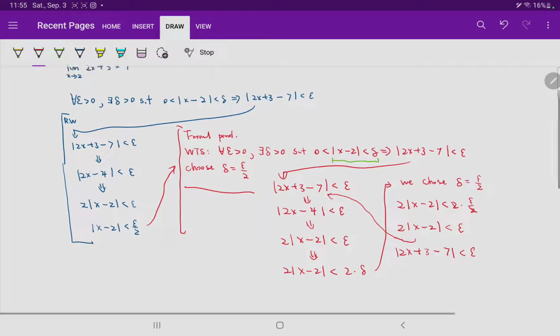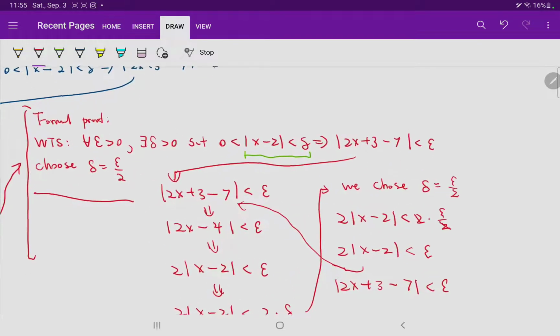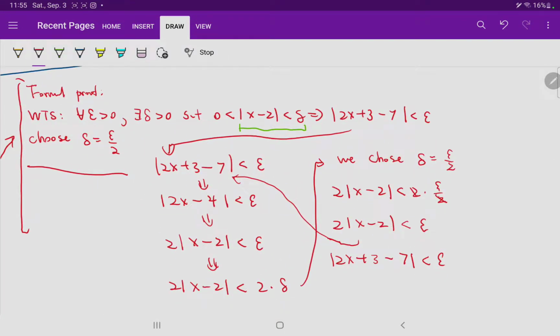So if you look at the analysis of what we just did, we first did some rough work to find an expression for delta in terms of epsilon. In this case, delta is equal to epsilon over 2. Then we wrote our formal proof. In the formal proof, you first write what you want to show, which is this whole expression right here.